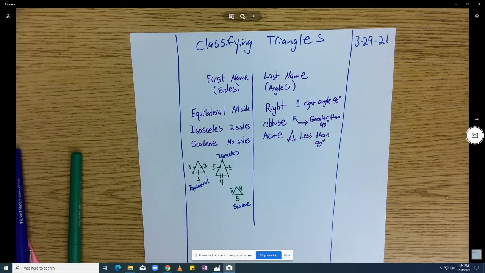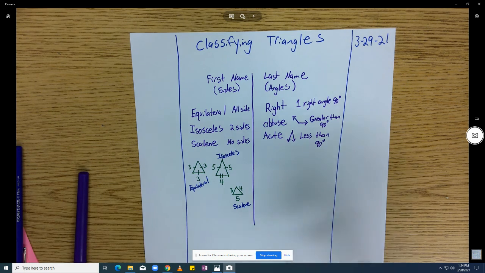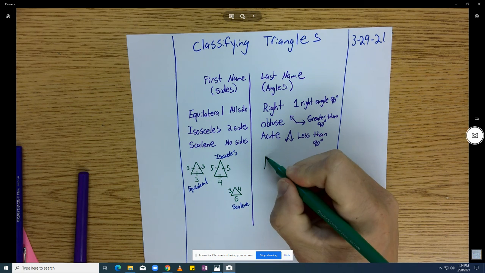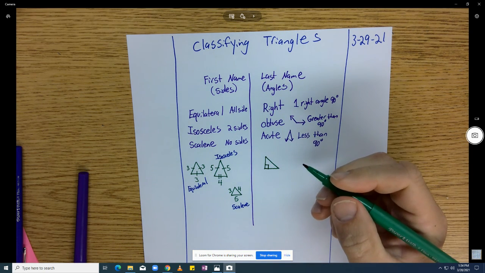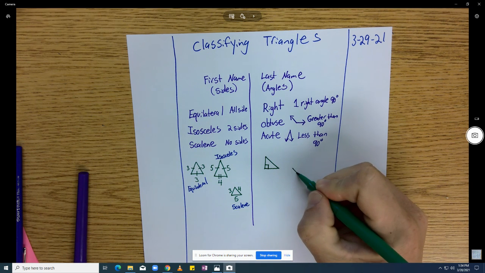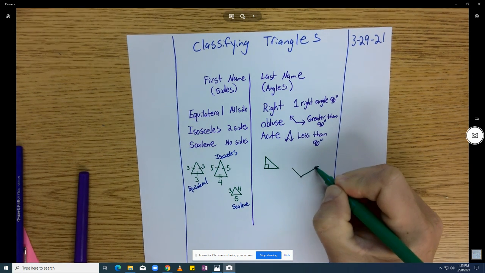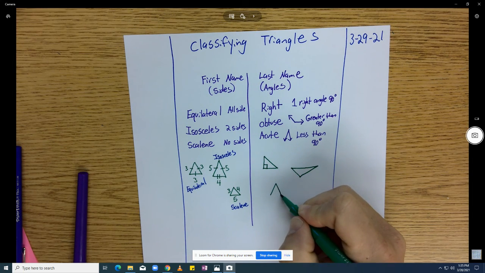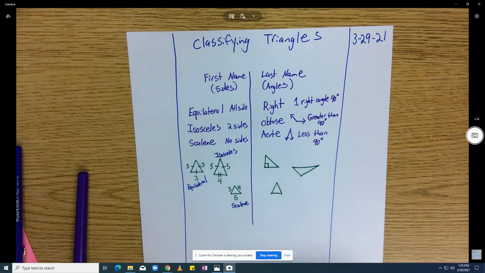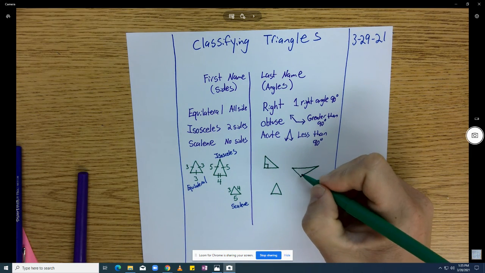So let's draw one of each of these using our green. So we have a right triangle. How do I know? Because it's got a nice right angle there. Let's do an obtuse triangle. And let's do an acute triangle. So they look very similar. I think what we'll have here is some measurements.